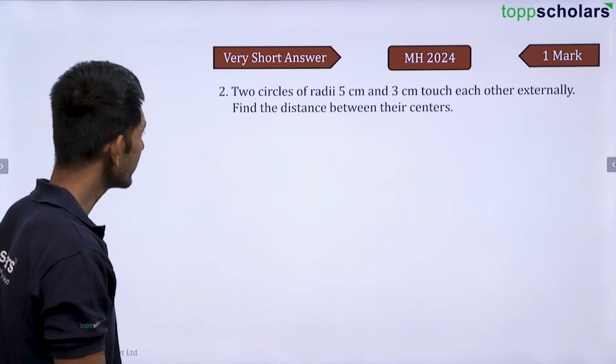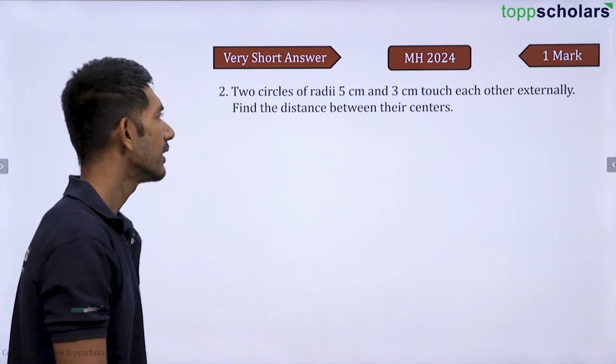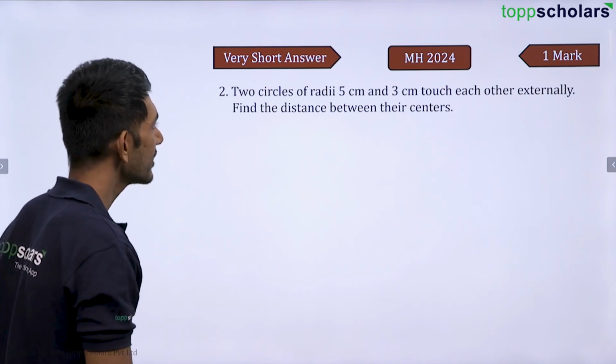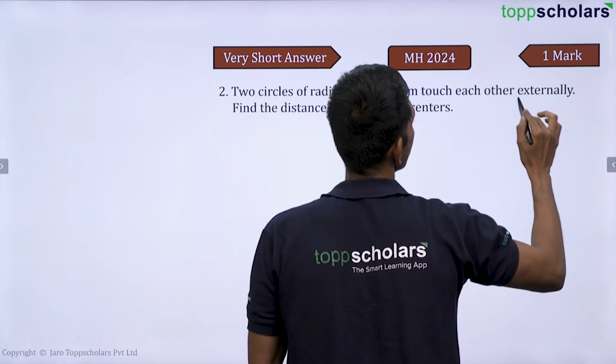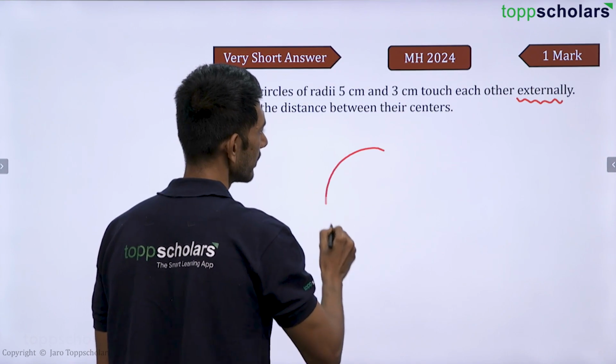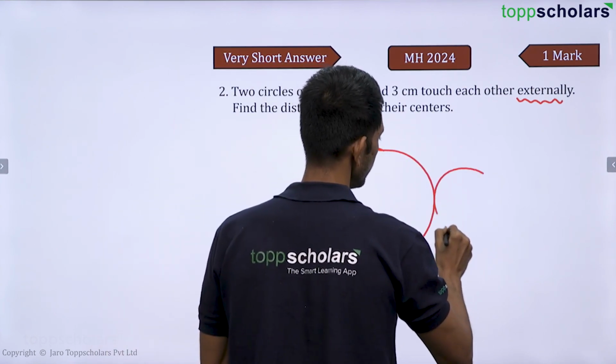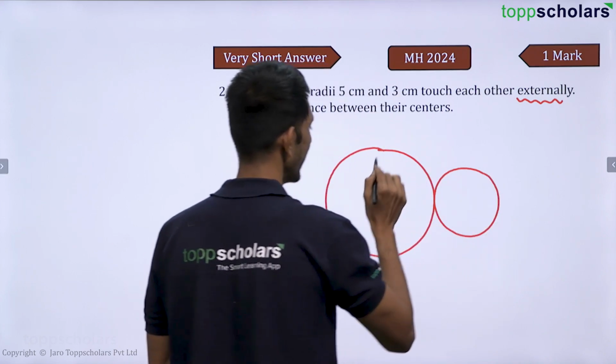Okay, so the new question says two circles of radii 5 centimeter and 3 centimeter touch each other externally. So how does the figure look like? Two circles, circle 1, circle 2. Don't write down the answer directly.